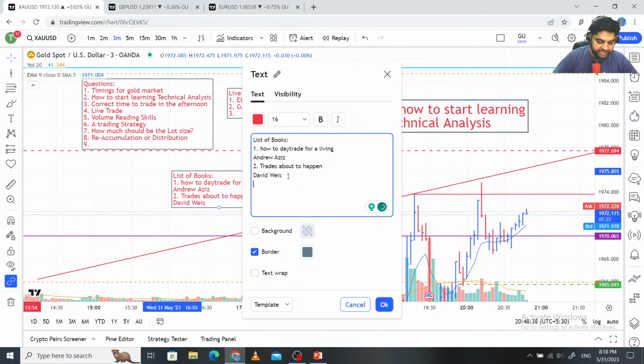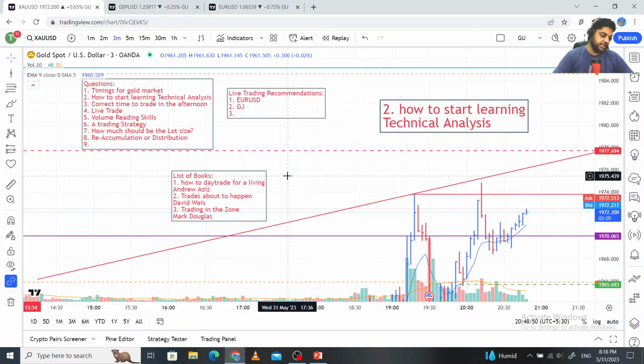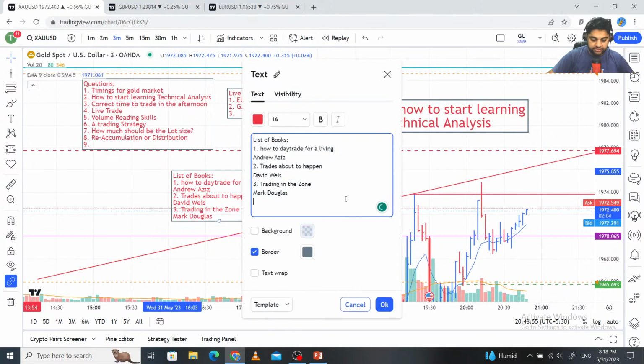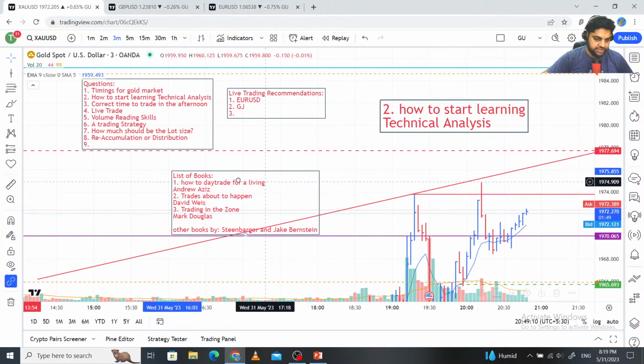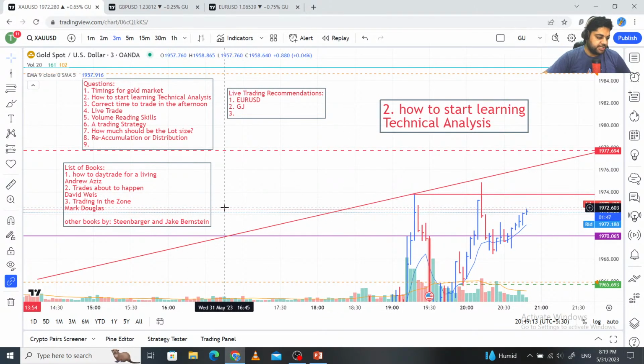So these are very interesting books. Then Trading in the Zone by Mark Douglas. I think these books are enough for a beginner. If you want to be an expert, then I will of course give you recommendations about other books by Steenbarger and Jack Bernstein. So these books can help you a lot. These are the books to start your trading journey.